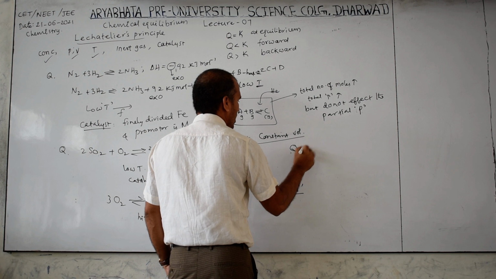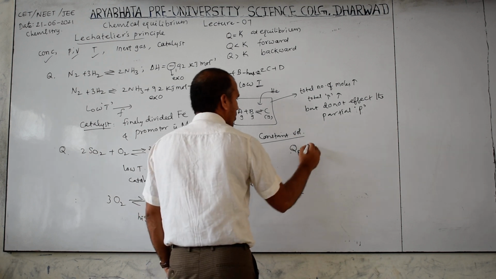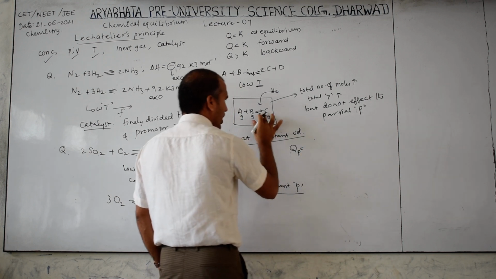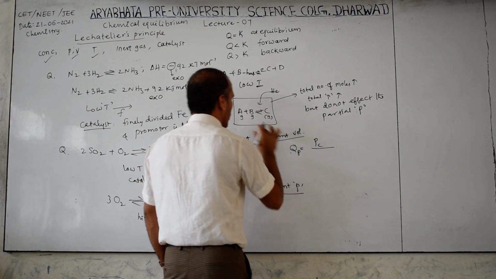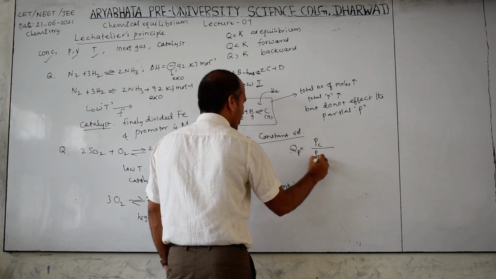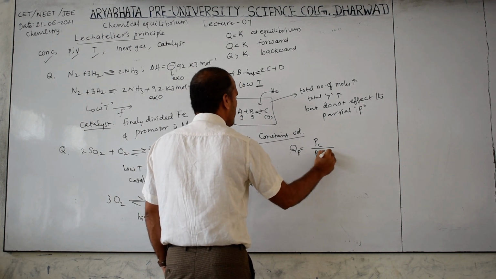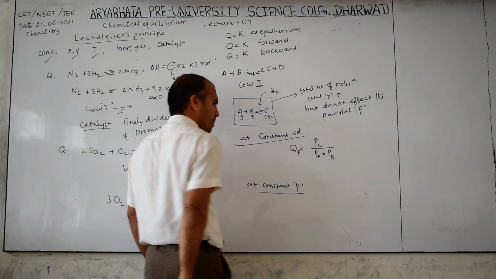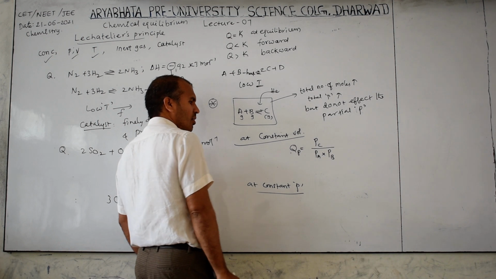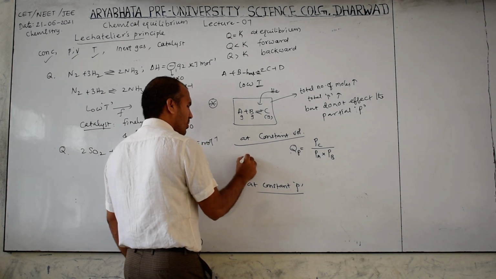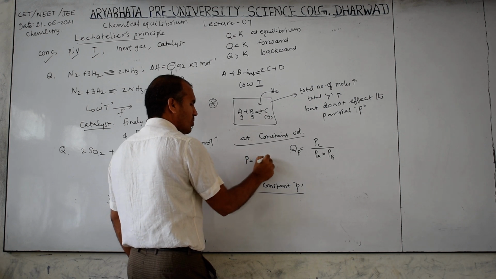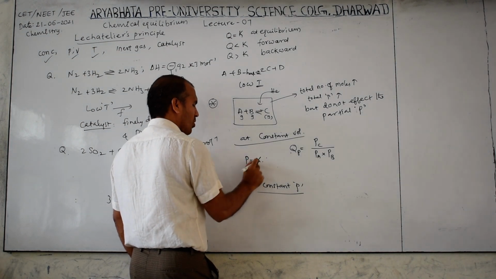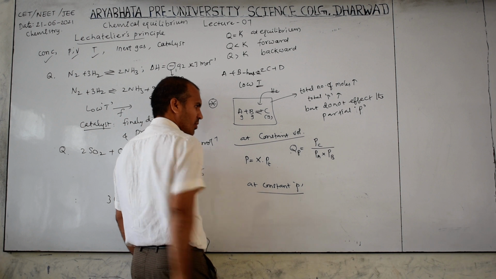Qp is equal to, according to this, partial pressure of C by partial pressure of A into partial pressure of B. Partial pressure is equal to mole fraction into P total.